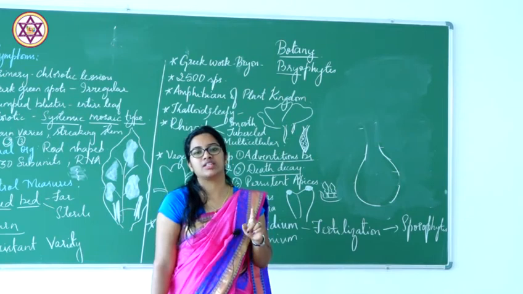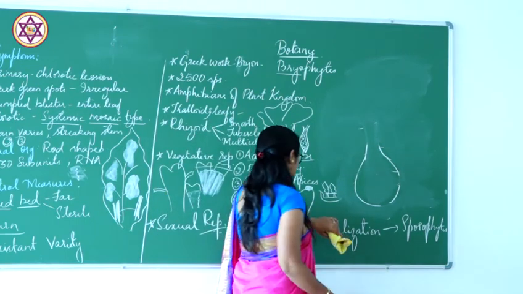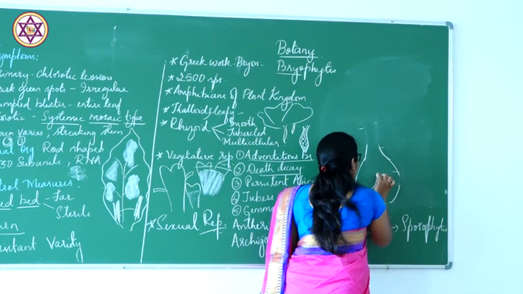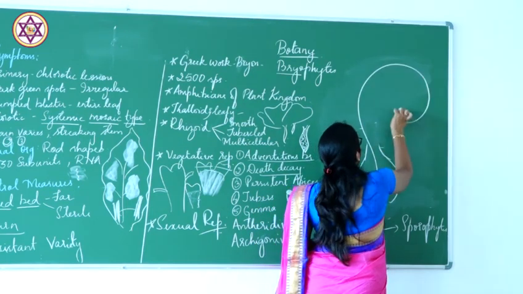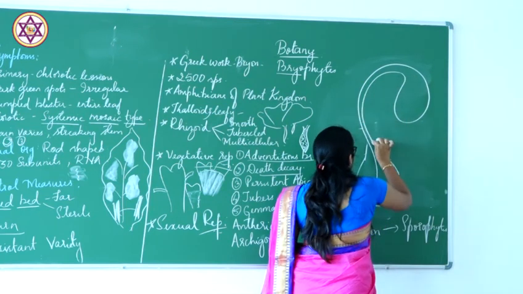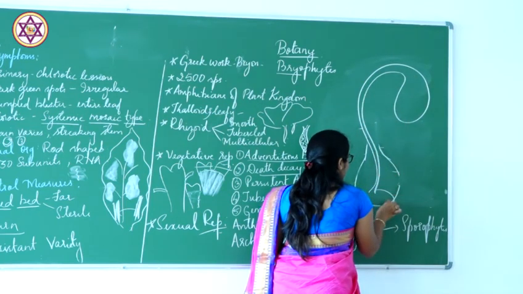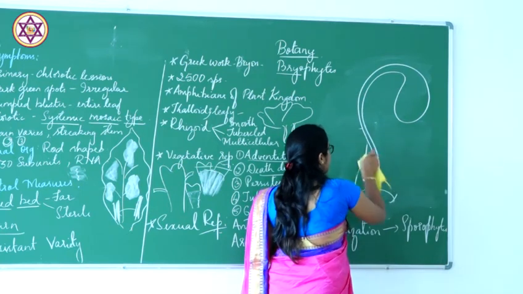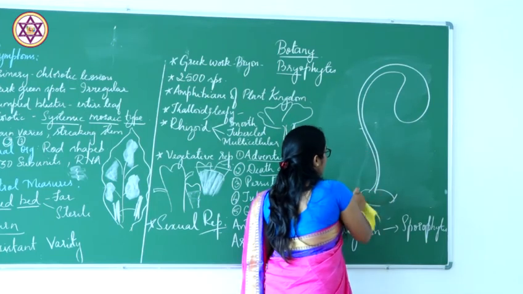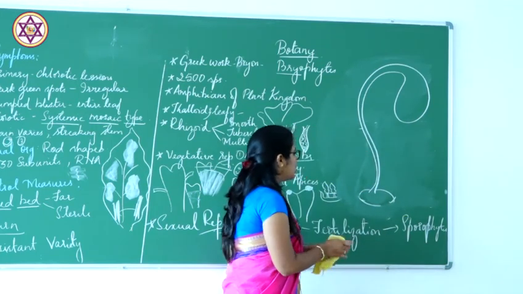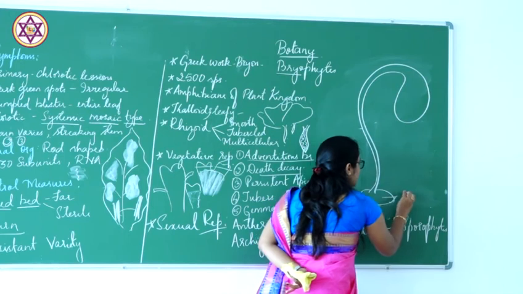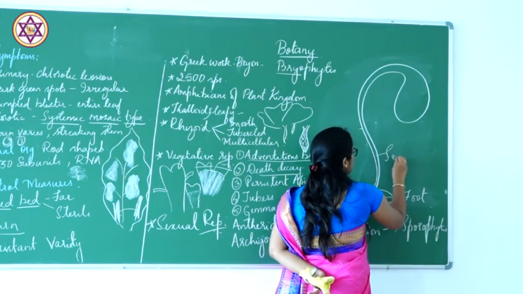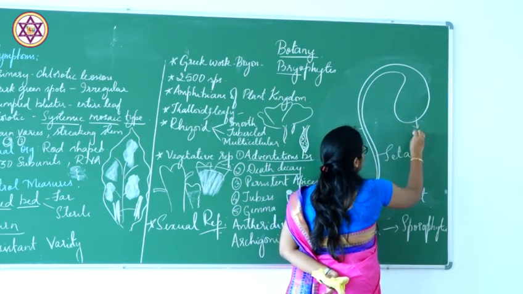In the sporophytic condition, they show diploid condition, and the zygote will develop into a sporophyte while still inside the archegonium. The sporophyte consists of 3 regions: the first one is foot, second one is seta, and the third one is capsule.